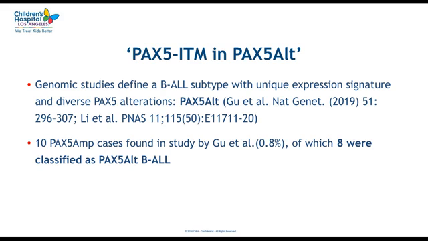And interestingly, they had a significant number of cases in the PAX5 alt cohort where they saw the same intragenic multiplication that we saw in our initial case. And so this suggests that the abnormality is indeed associated with its own subtype, and that it is probably one of the abnormalities that define PAX5 alt BLL.